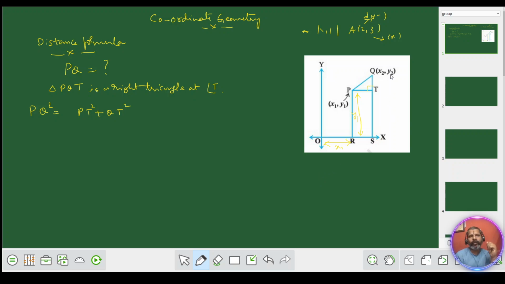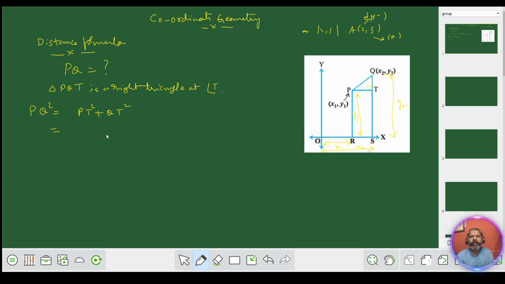Similarly, for Q, OS is x2 units, QS is y2 units. Okay. When we say PR is y1 unit, TS is also y1 unit. Now we have all the values marked here as in the figure.